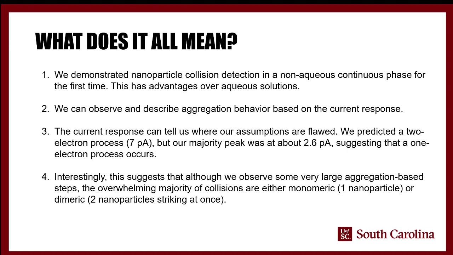And so what that suggests actually is, even though there was some large-scale aggregation happening, almost all of our collisions were either monomeric, meaning it was a single nanoparticle actually hitting, or dimeric, which means that there were 2 nanoparticles. Whether they were actually directly interacting with each other or not, you can't really say, but it means that they were hitting at the same time. And so that was kind of an interesting behavior that you would not necessarily predict to have happened, but it happened very clearly.